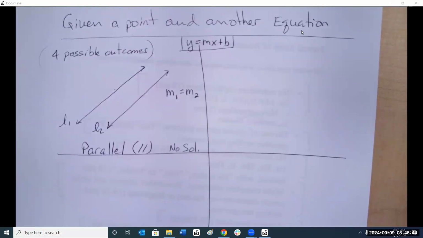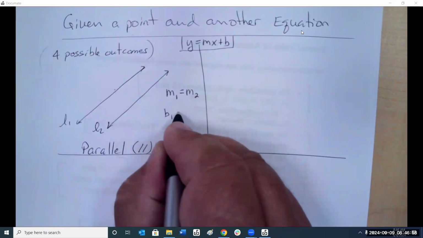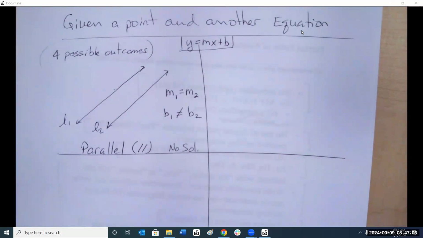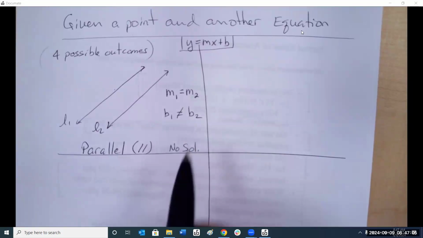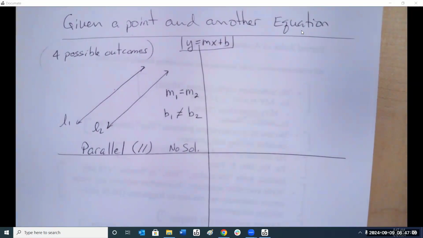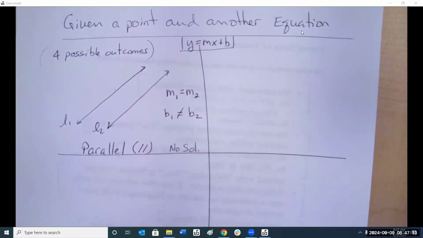We know the slopes are equal. What do we know about the y-intercepts? They have to be different. Because if the slopes are the same, the y-intercepts have to be different. That's how we know they're never going to cross. So they have no solutions.